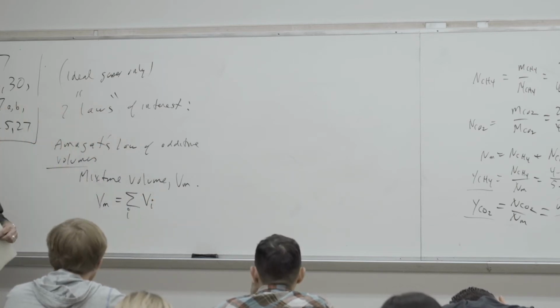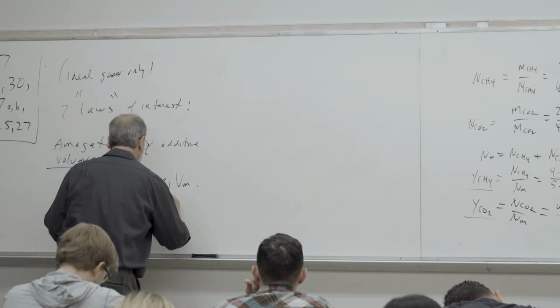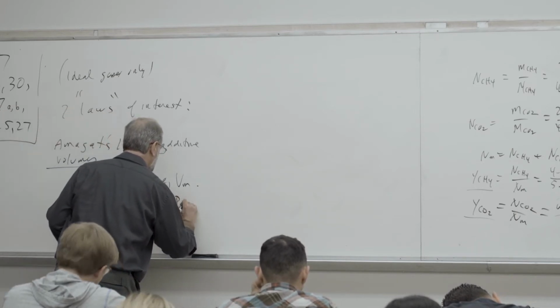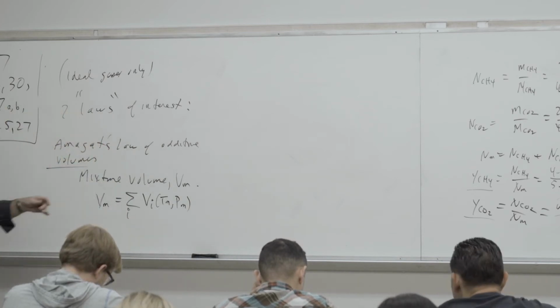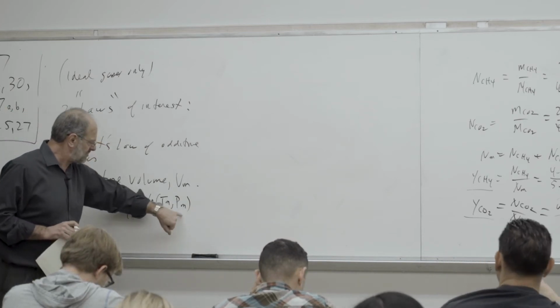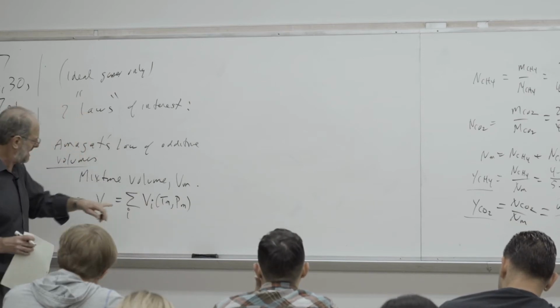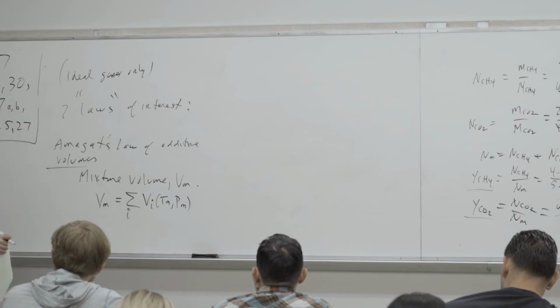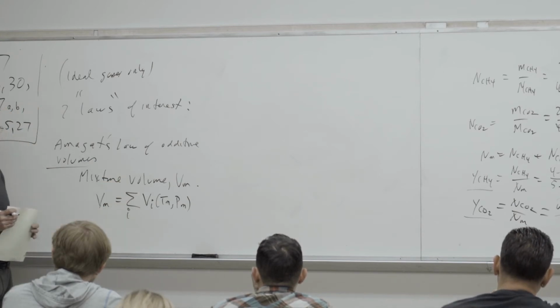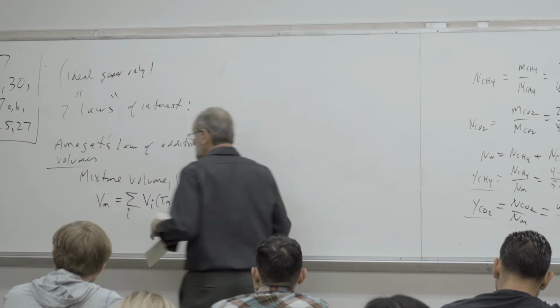Vi represents the component volumes, but at the same temperature and pressure of the mixture. In other words, if each component existed at the temperature and pressure of the mixture, we could find the volume of that component. And then we just add together all the volumes of these components, and that's going to give us the mixture volume.